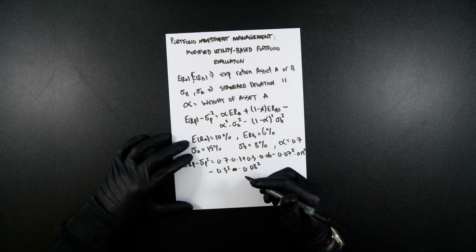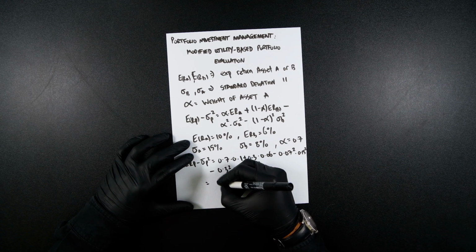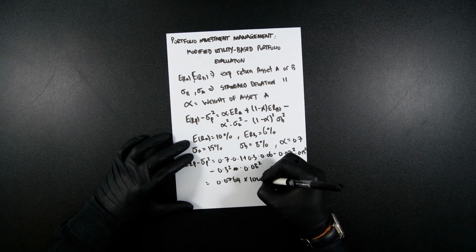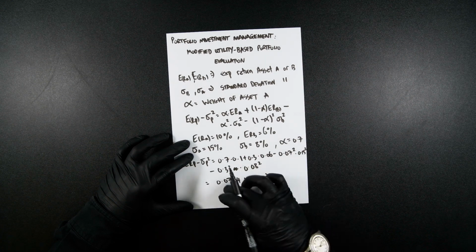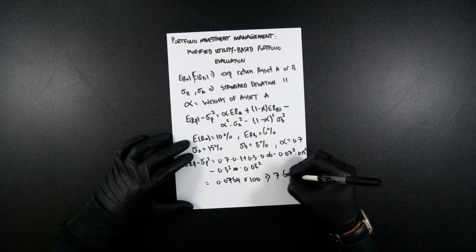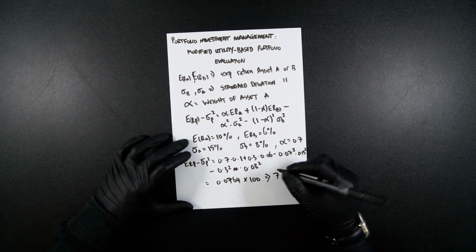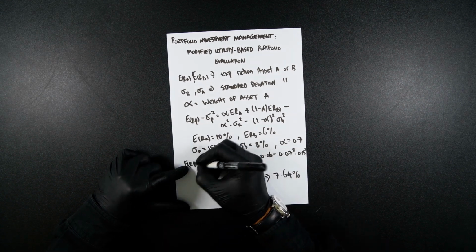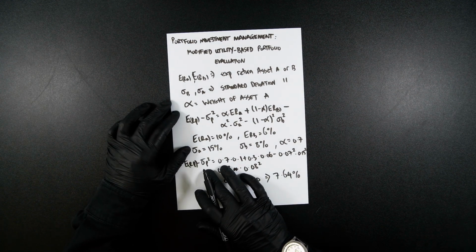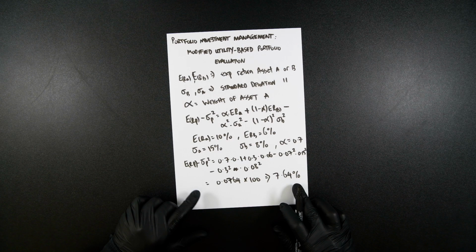And if we now simplify that all, that's going to be 0.0764 times 100, which would convert the answer from a decimal back into a percentage. So it's going to be 7.64%. So the expected rate of return minus the portfolio standard deviation squared would equal this.